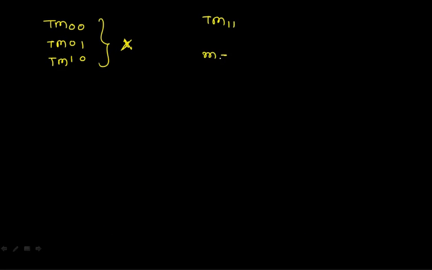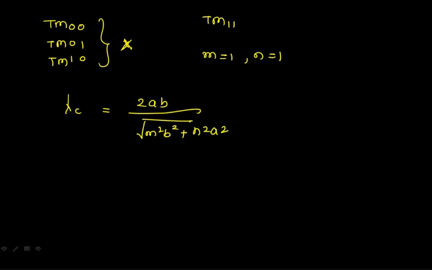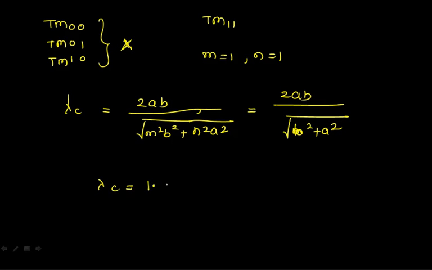So m will be 1, n will be 1. If you're checking it for TM11 mode, your lambda c here will be twice of AB divided by the square root of m square b square plus n square a square. Now as we are putting 1 here, it will become b square plus a square, and this we have already calculated previously, which is nothing but 1.856 centimeters.